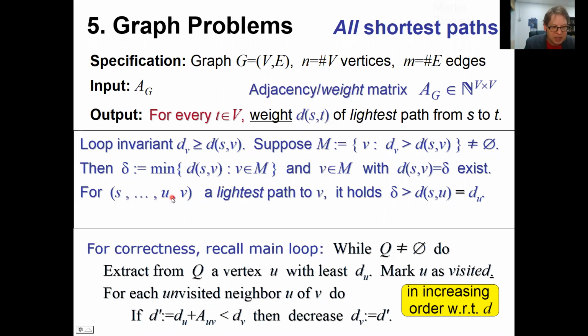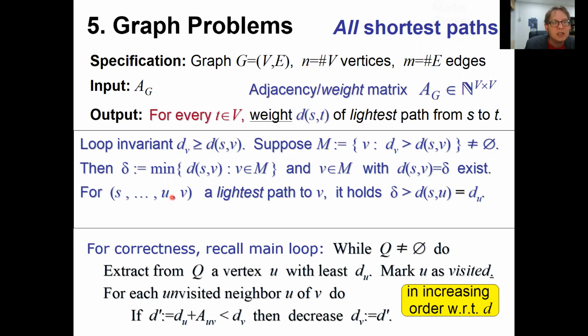Let me emphasize again that important, generic property of shortest paths. If we have a shortest path and take an initial segment, then that will also be a shortest path. More generally, any subpath of a shortest path is again a shortest path.